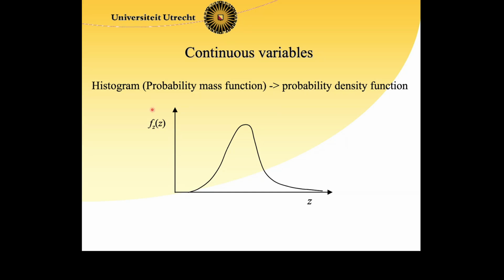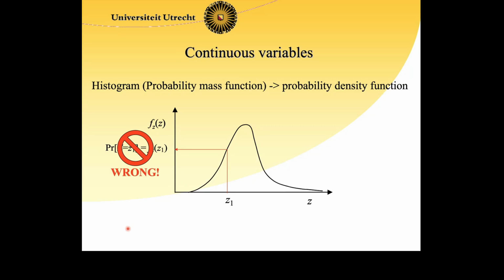The discrete one is called a probability mass function. It's actually nothing more than a histogram. And this is a probability density function in the continuous case. Now, can we read out a probability from this? Suppose that we take Z1, what is the probability that Z is equal to Z1? Can we read it from the probability density function?